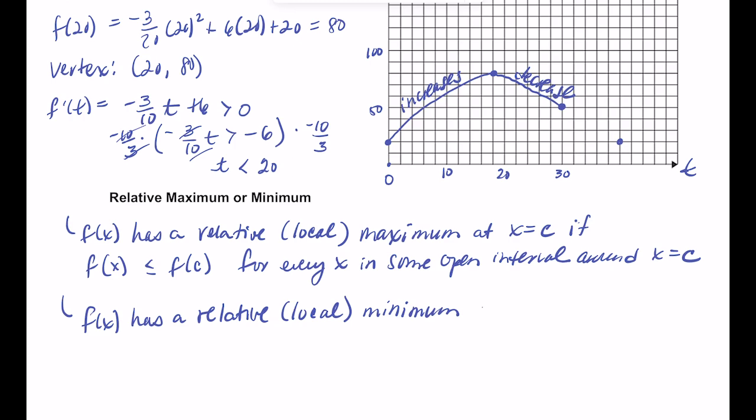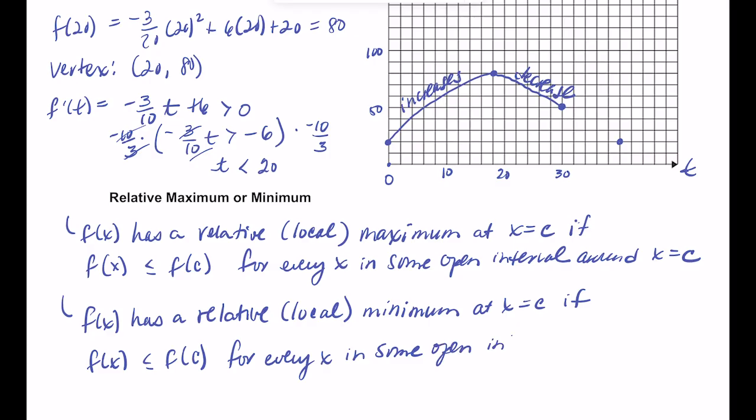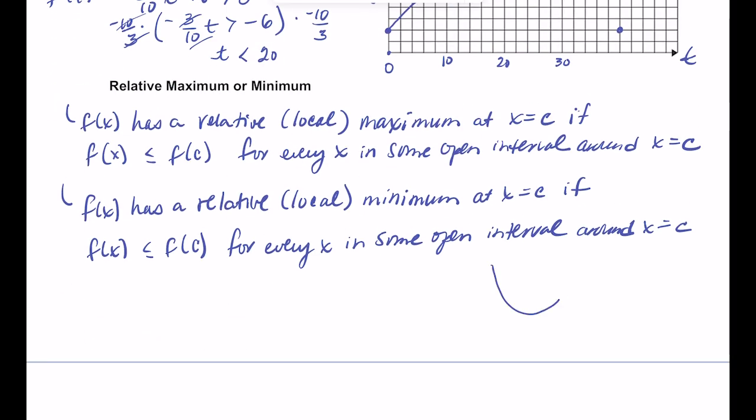F of x has a local or relative minimum at x equals c if f of x is greater than or equal to f of c in some open interval around x equals c. So here's a minimum.